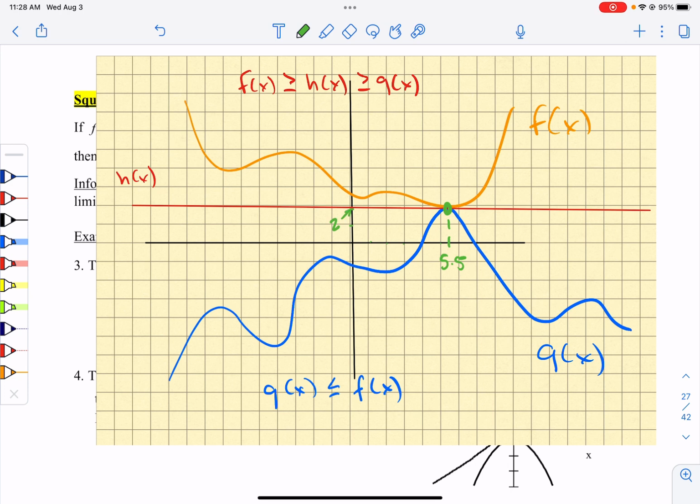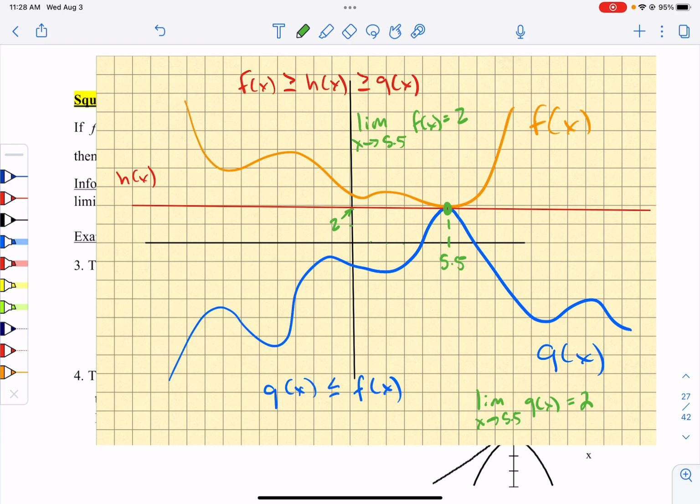So at 5.5, my f of x is the limit. Maybe we should write this correctly. The limit as x approaches 5.5 of f of x is equal to 2. The limit as x approaches 5.5 of g of x also is equal to 2.